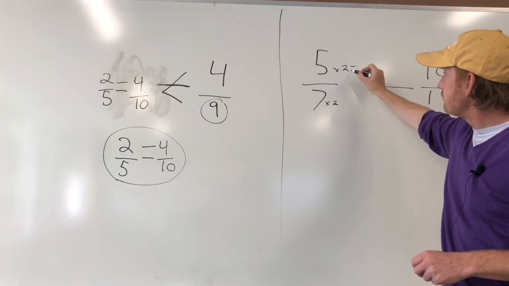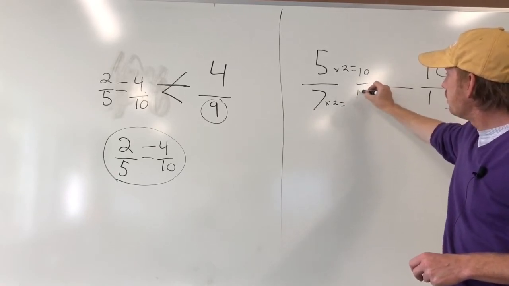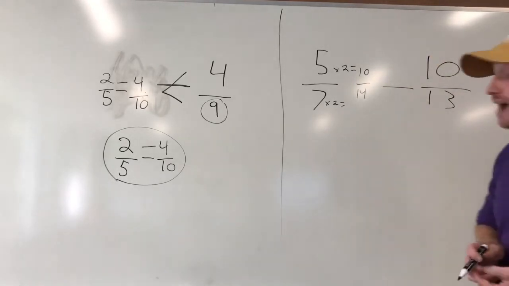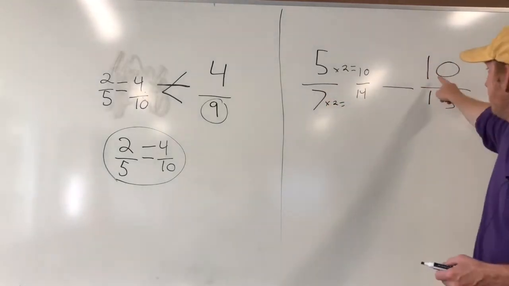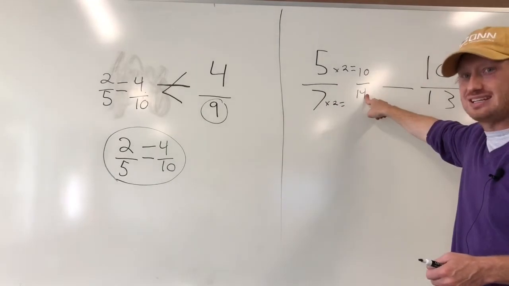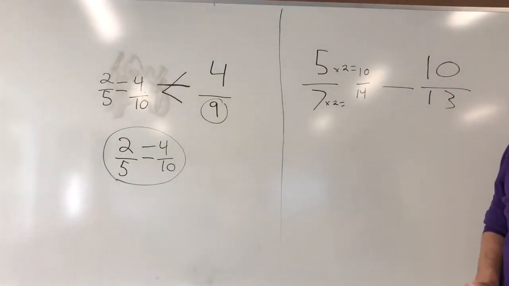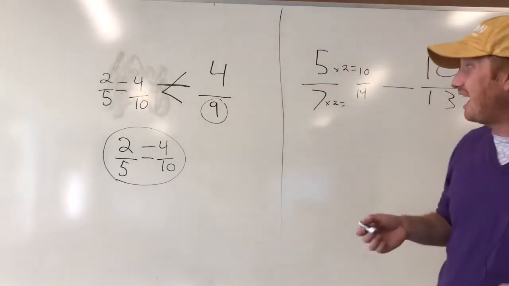And that's going to give me 10/14. So now I don't have to compare 5/7 to 10/13. I can compare 10/14 to 10/13. And just like over here, that makes the problem a lot easier.